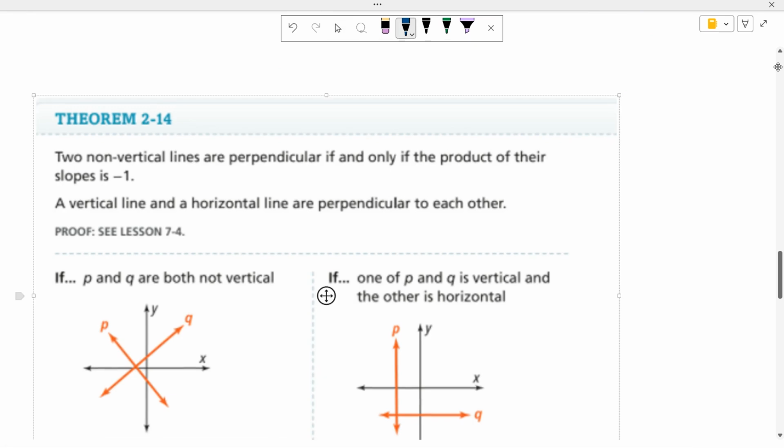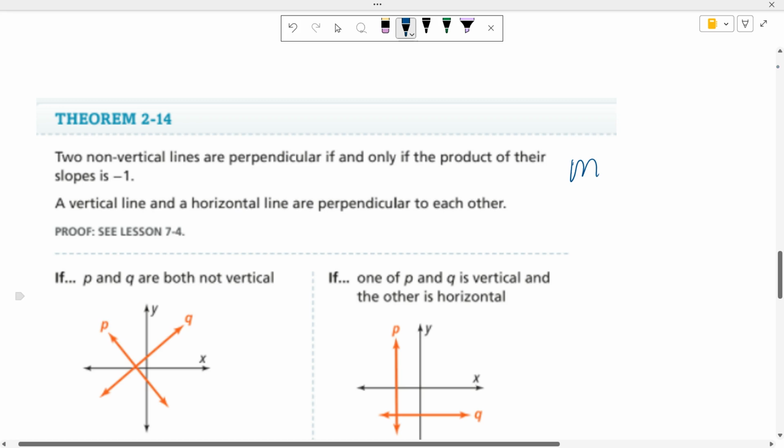So if one has a slope of 2/3, the other one would have a slope of -3/2. They have to be opposite signs and reciprocals of each other, because opposite reciprocals multiply to be -1. If you take 2/3 times -3/2, the 3's cancel to be 1, the 2's cancel to be 1.